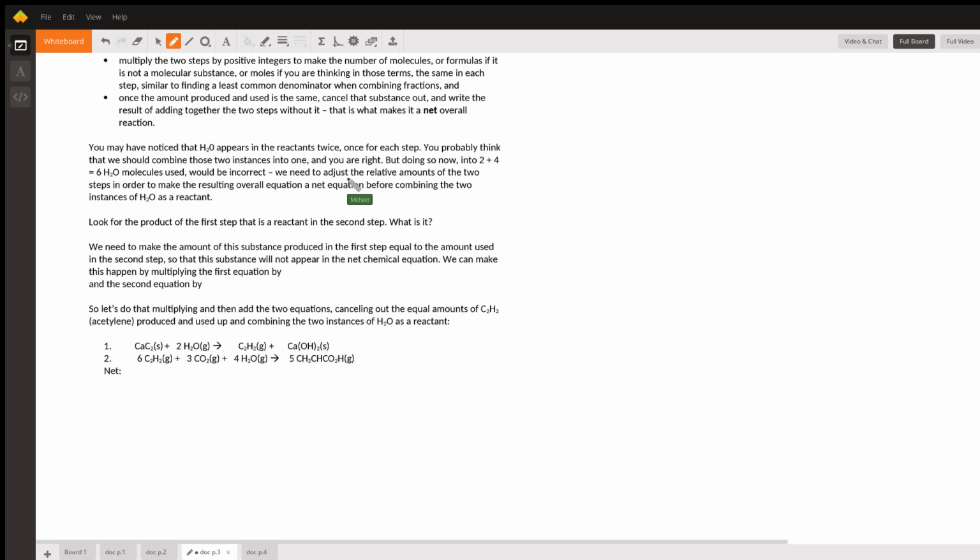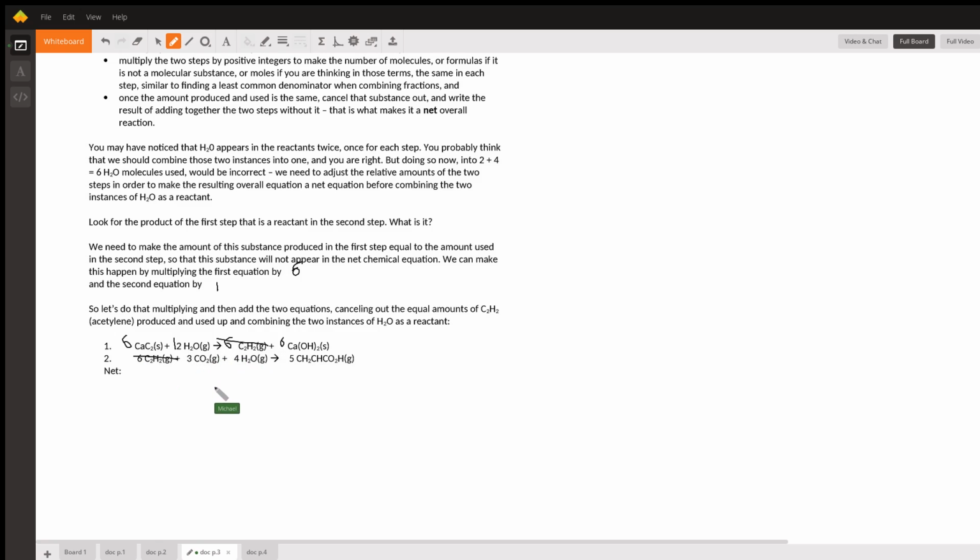So we can do that by multiplying the first equation by 6, and the second one, trick question, by 1, because we're already good if we multiply that one by 6. So we'd have a 6 here, and this becomes 12, and 6, and 6, and that 6 is going to cancel that 6.